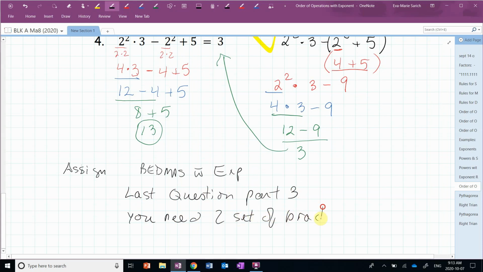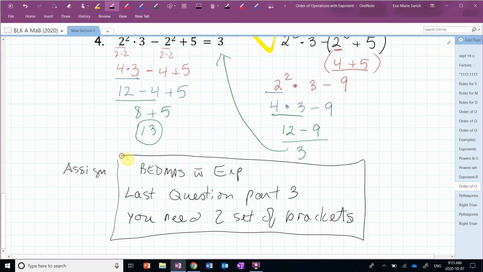So if you make note of that, it will be less difficult for you to find the solution, okay? So on BEDMAS with exponents, the last question of part 3, you need 2 sets of brackets.